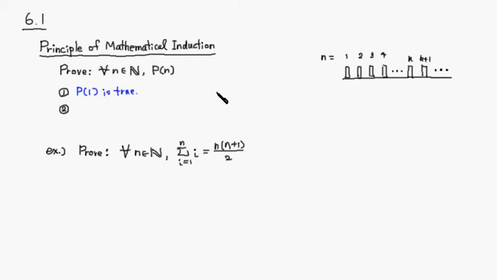And the next thing is that if we know that for all k, which is a natural number, if we know that P(k), the kth statement, is true, then this implies that P(k+1) is also true.